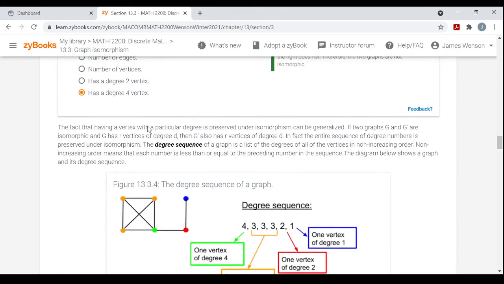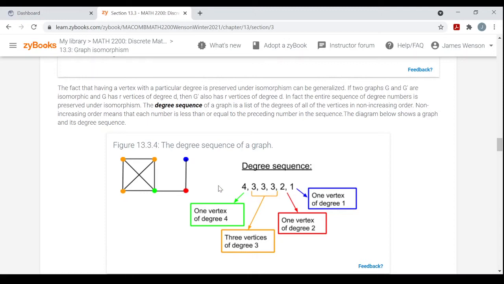All right, so then they extend this a little bit further, talking about the degree sequence of a graph. You just go around labeling the degree of every vertex and then put them in non-increasing order, from highest to lowest. Put those degree numbers in order. This is called the degree sequence of a graph.